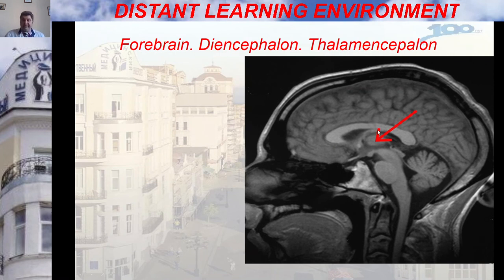So you may see the thalamus as a part of the diencephalon here. The diencephalon lies under the corpus callosum. You may see the corpus callosum and diencephalon and fornix, and its sides merge with the hemisphere of the telencephalon.